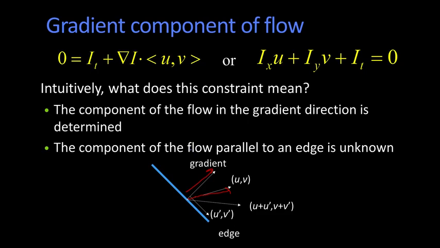Well, any other u, v that has the same component in that direction, but with a u prime, v prime, an extra component that's parallel to the edge, all right? This new vector, the original u, v plus u prime, v prime, has the same amount perpendicular to the edge in the direction of the gradient, but a different amount along the edge.